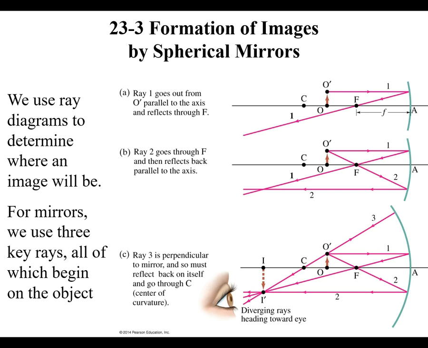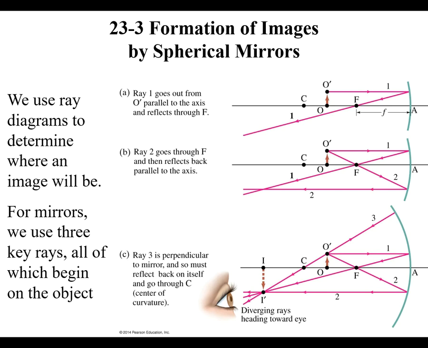Great example of this, by the way, I should mention this is a concave mirror. And a good example of a concave mirror would be at the breakfast table. You pull out your spoon and you look directly into the spoon. Often you'll see your own image, your reflection, large and upside down. Now we're not talking about the back of the spoon.